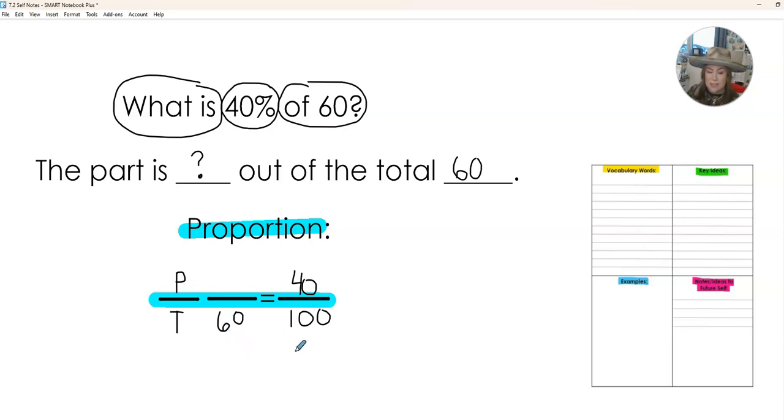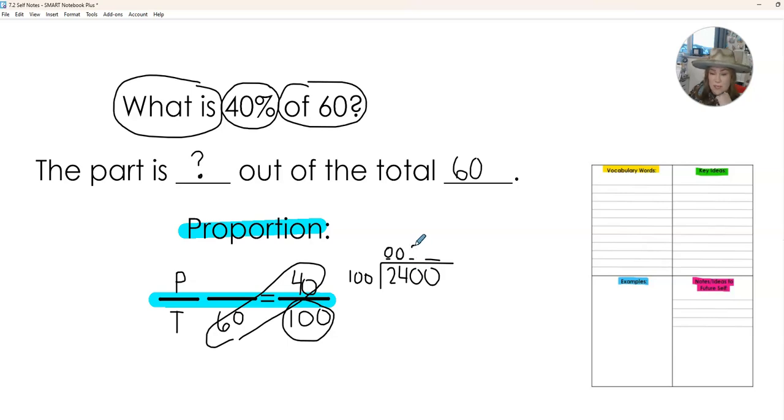So there's not a nice way to get from 60 to 100. So we're going to crisscross times, and then we're going to divide. So 6 times 4 is 24 with 2 zeros, 2,400. And we're going to divide by 100. So I need something above each number. It can't go into 2, it can't go into 24, but 100 goes into 240 2 times, which is 200.